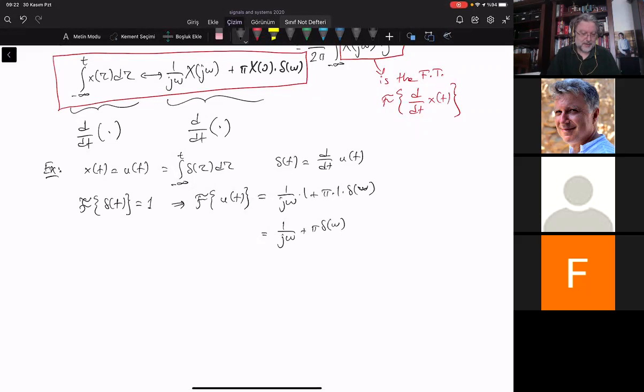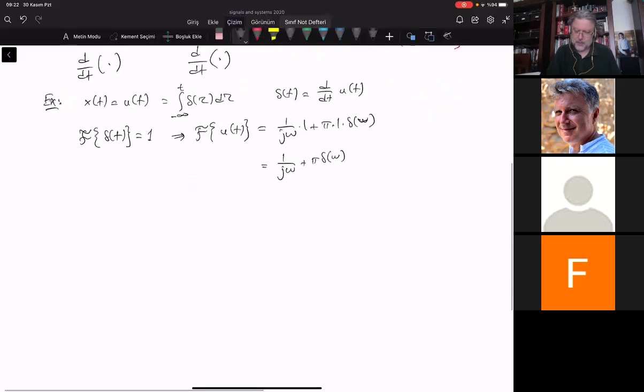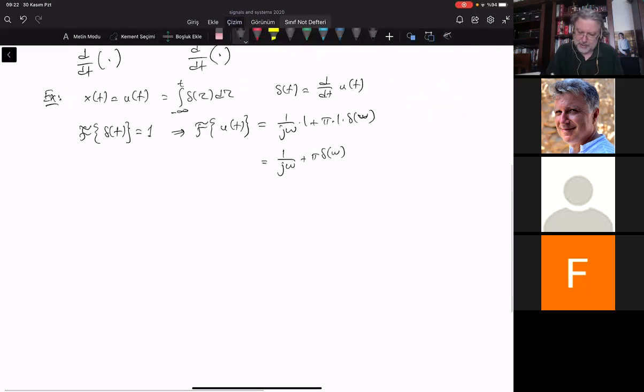Now that's quite an interesting thing, because it's the correct way of putting the Fourier transform. It is 1 over j omega. 1 over j omega is not possible to plot, but we can plot the magnitude of it. For instance, let's call this x of j omega, where x of t is equal to u of t.